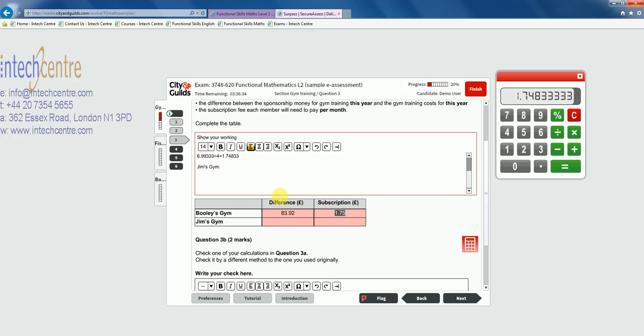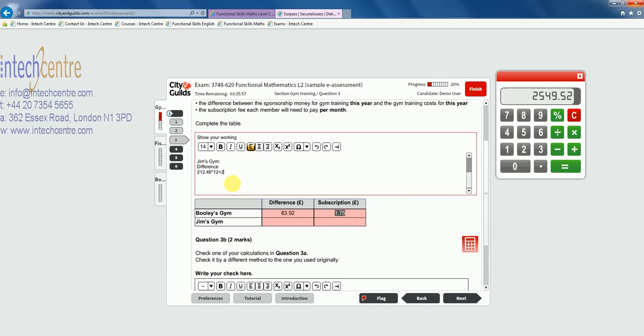So we worked out the difference first. So we go back to our previous values, which is 212.46. That was per month. So we're going to multiply this by 12. So I'm going to use the asterisk here this time. So 212.46 multiplied by 12, because that's the monthly cost, and we're timesing it by 12 in order to find out the yearly cost.